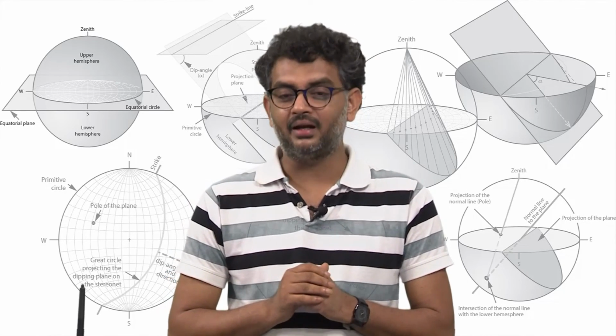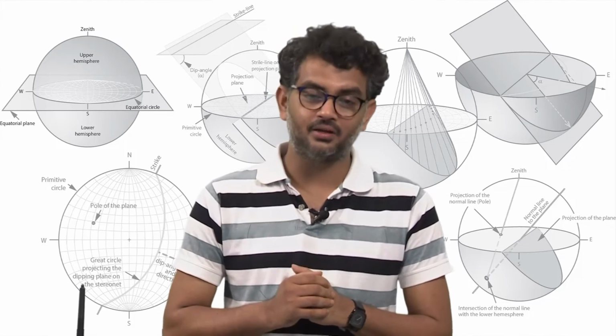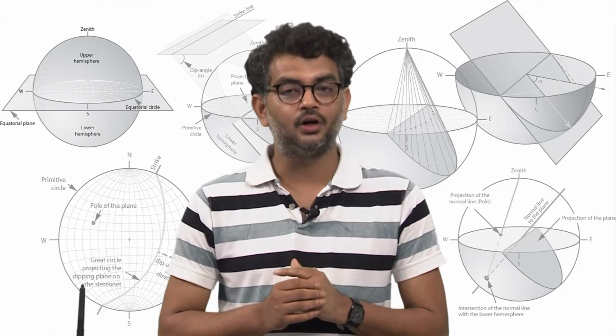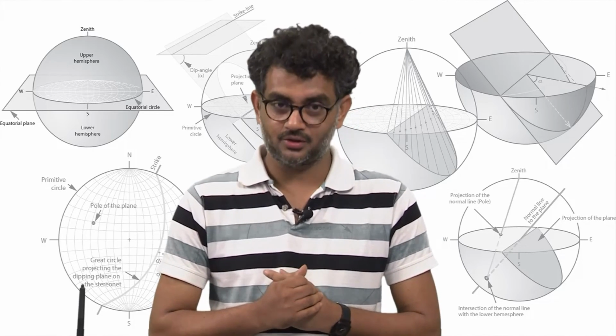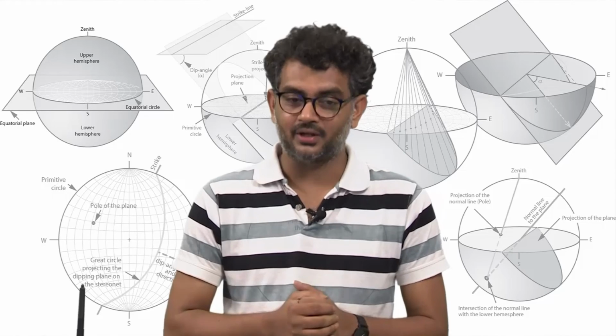If I have the data of fault planes and the lineations and other features, then I can figure out what the direction of the fault movement is using the StereoNet. So, this is how these StereoNets are useful for structural geology, but we will learn it in course of time.